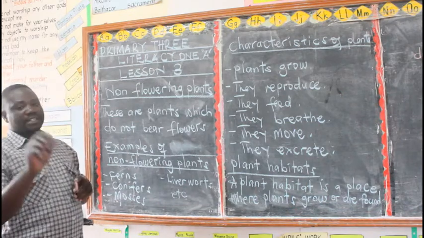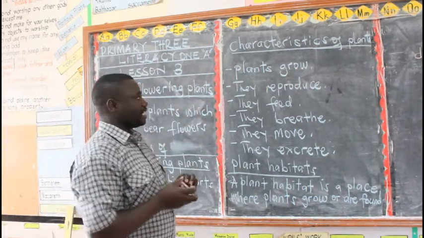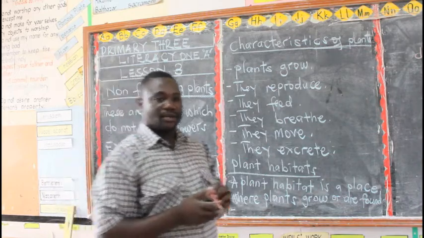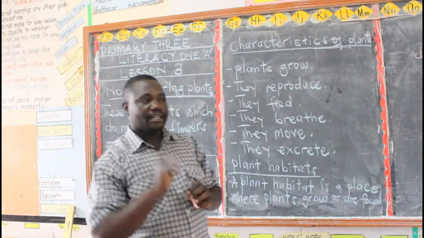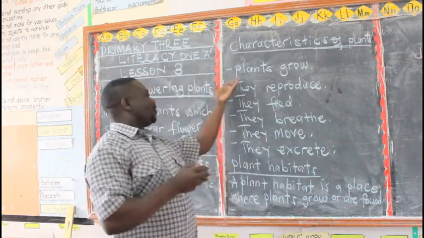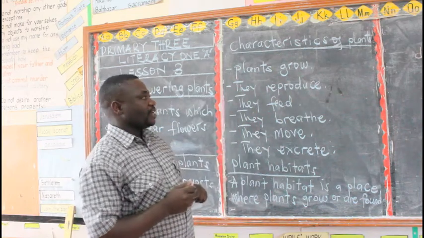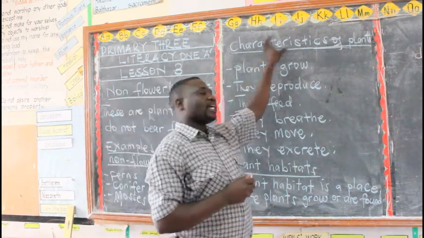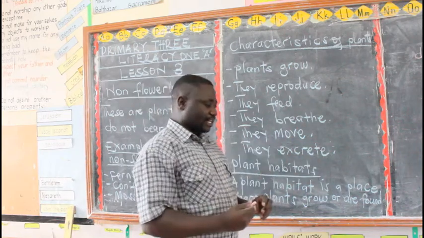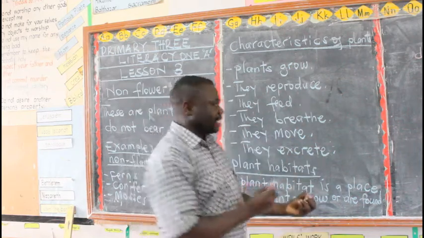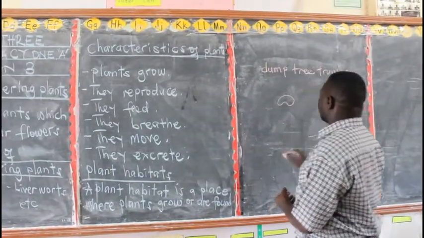Dear children, we are now moving to characteristics of plants. We want to look at characteristics of plants. One, plants grow. You know, a plant is also a living thing, and it grows as well. From a seed, it germinates. You always see seeds at home there.